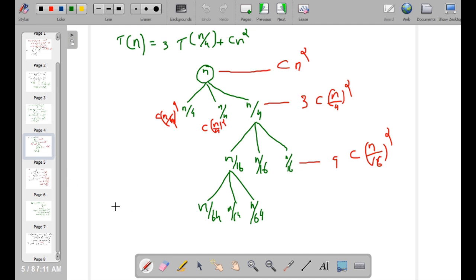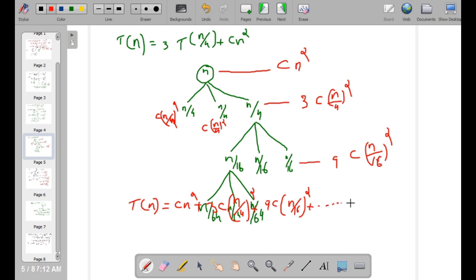Okay, what will be the total cost? Total cost is the sum of the cost at each level. So T of n equal to Cn square plus 3C n by 4 whole square plus 9C n by 16 whole square plus the cost at the last level.